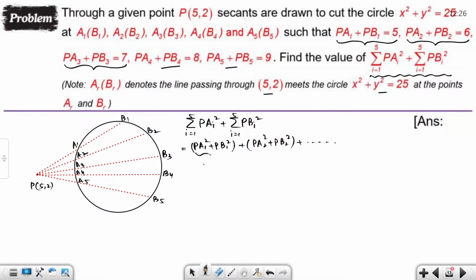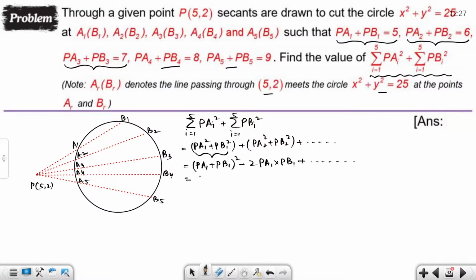So if I open the first one, we will understand the pattern and we will repeat it for the other terms which are given here. So if I apply the a square plus b square form, we are going to have, tell me yes or no. Same thing for the other terms also.